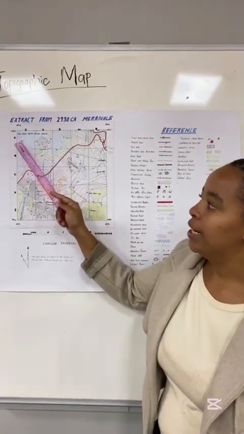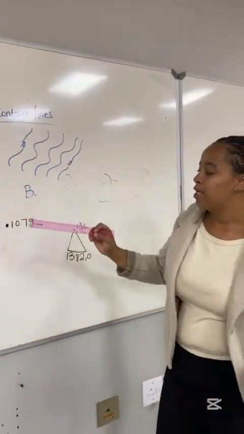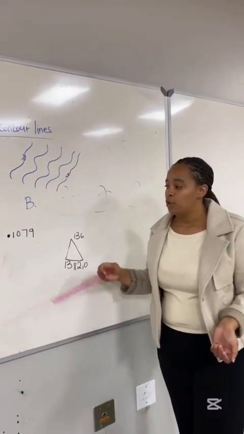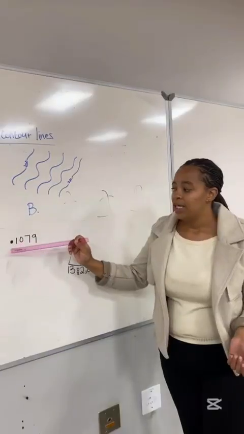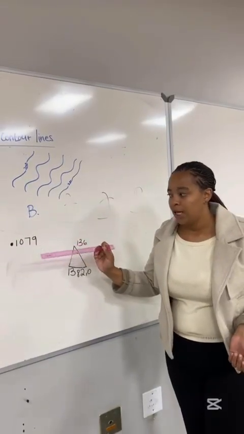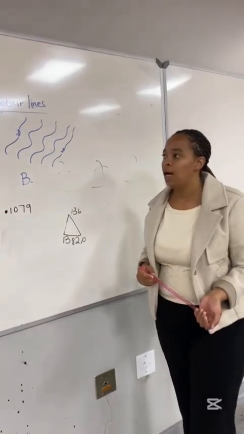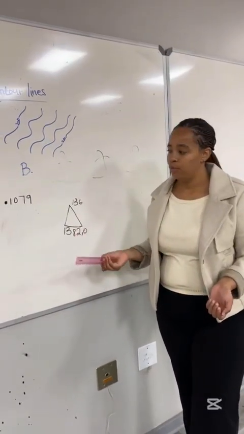There is a dot and a number beside it. The number beside it on our map is 1079 meters. This number beside the black dot indicates the exact height of that point above sea level.